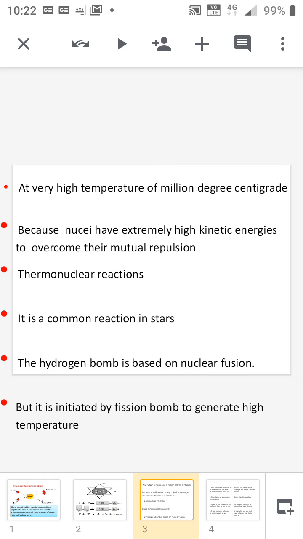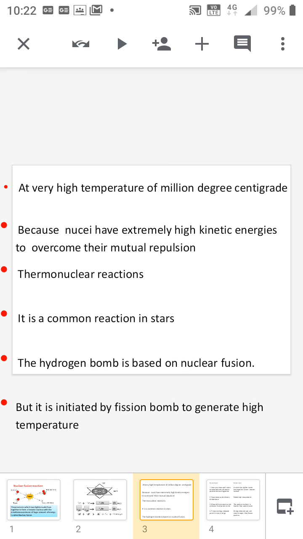Now we are moving into some of the general characteristics of the nuclear fusion reaction. First, the nuclear fusion reaction generally takes place at very high temperature, of the order of million degrees Celsius.